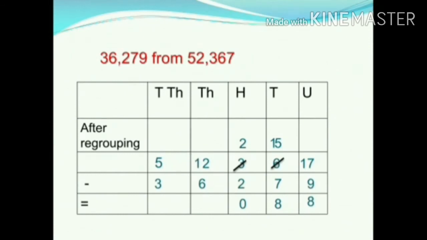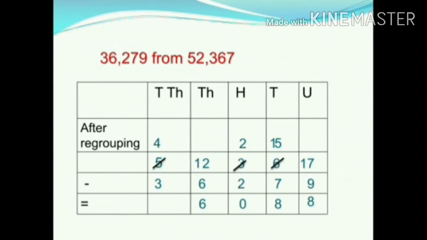After borrowing 1 ten-thousand, ten-thousands place is left with 4 ten-thousands. Now subtract thousands place digits. Which numbers are there in the thousands place? 12 and 6. 12 minus 6 equals 6. Write 6 in thousands place.